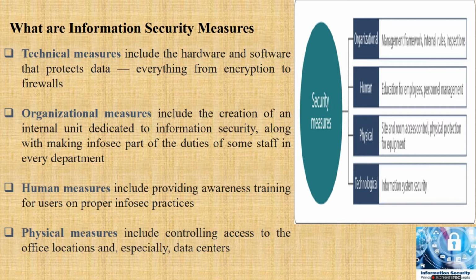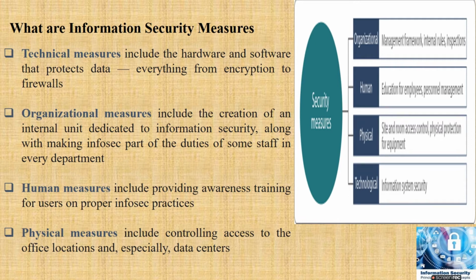The second one is organizational measures, which include the creation of an internal unit dedicated to information security. You should hire good security experts that can handle any issues related to information security, and train your users and employees about information security and cyber attacks to ensure that your information is secure.